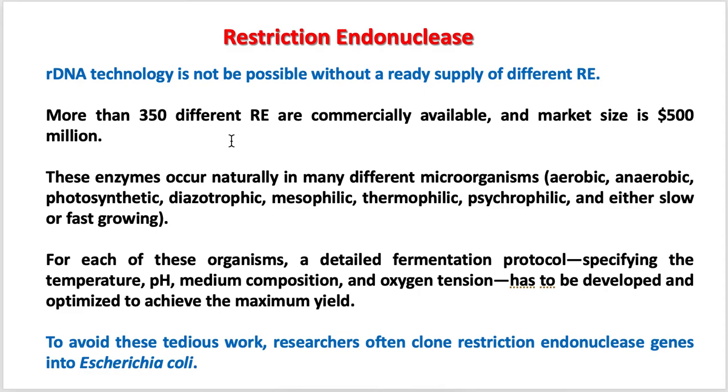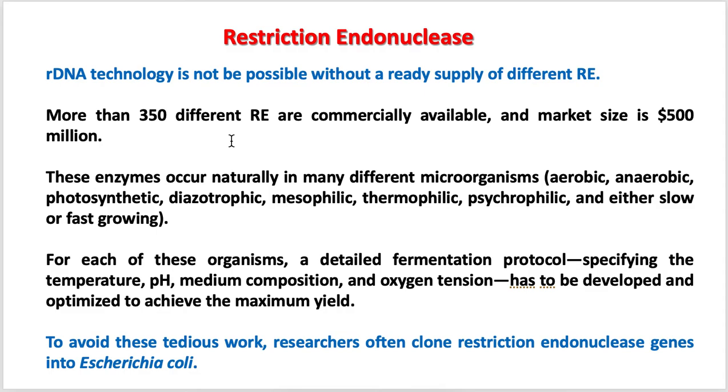These restriction enzymes are naturally produced by many different microorganisms. Now if we want to use these microorganisms to produce the REs, the enzymes, in large amount, we have to use fermentation. But as different enzymes are produced by different microorganisms, that means we have to design a different fermentation protocol for each of these organisms.